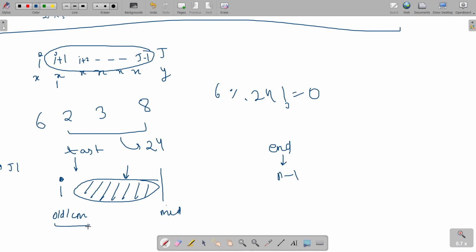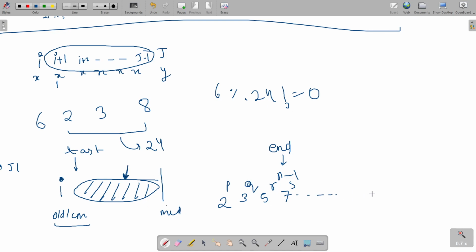So it will definitely not divide the old LCM, because for dividing, we basically need to make sure of the powers. Suppose the old LCM is 2 to the power 3, 3 to the power q, 5 to the power r, 7 to the power s, and so on. And then there is a new number.